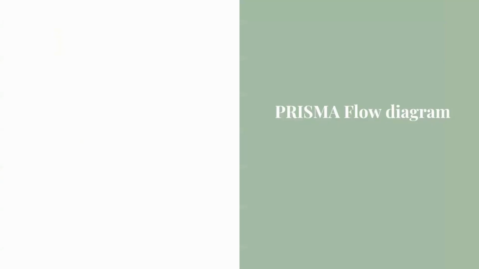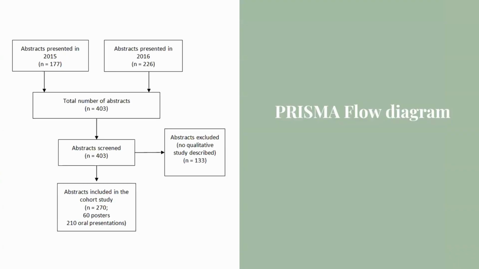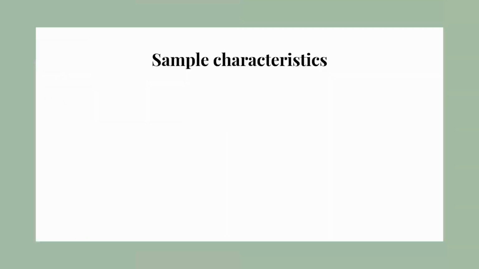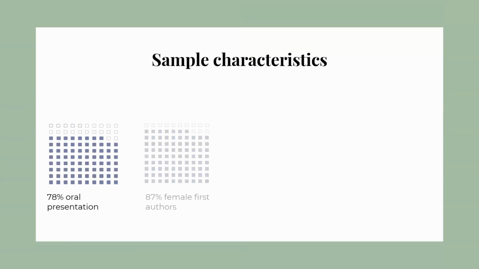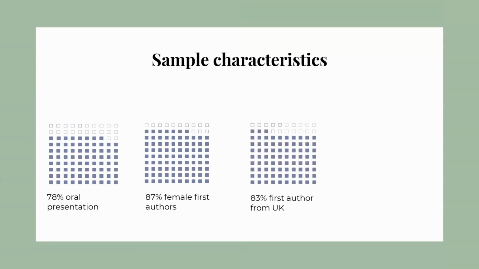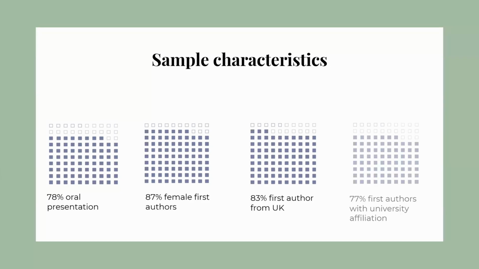And in the study, we sampled 270 studies out of more than 400 conference abstracts from the conference books. Most of the studies that we looked at were presented as oral presentations. Most of them had female first authors and first authors from the UK. That is not surprising because it was a UK conference.